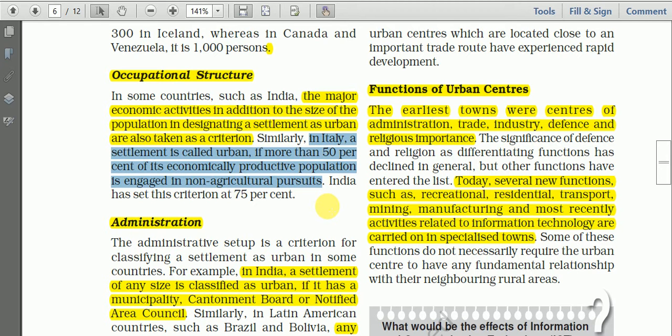So remember, in addition to population size, occupational structure is also an important criterion for classifying a settlement as urban. In Italy, if the population engaged in non-agricultural pursuits is more than 50%, we call it urban. In case of India, it is 75%.